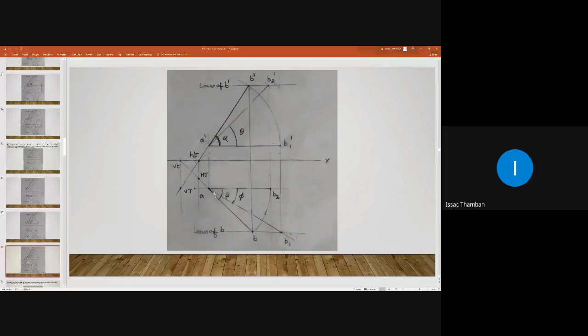So extend line AB and intersect the XY line. The intersection can be named as small v. In my drawing it is small vt, but you better avoid this t here, otherwise it may be confused. So this intersection is named as small v.